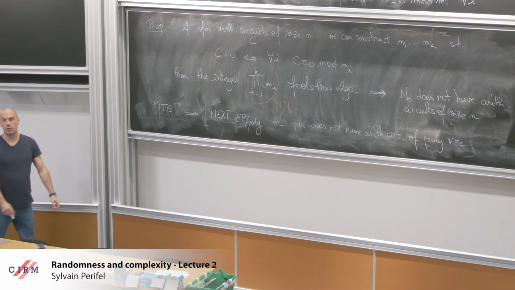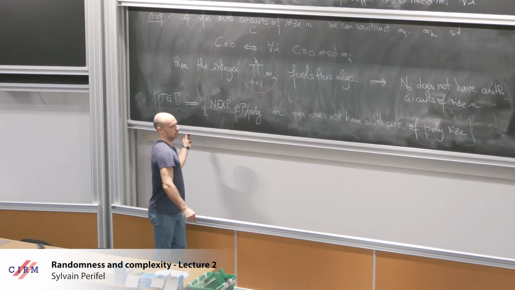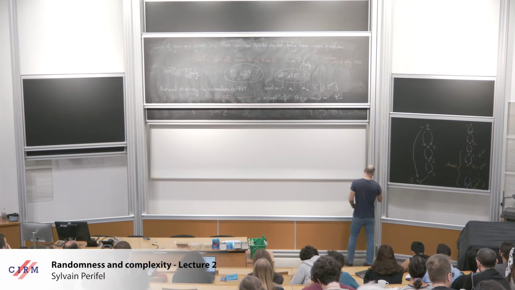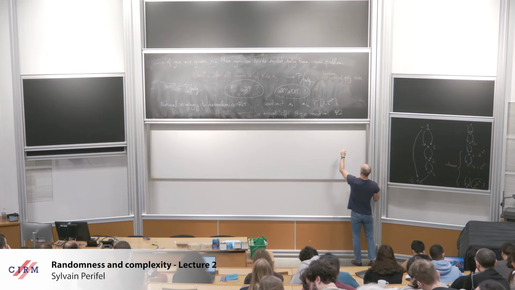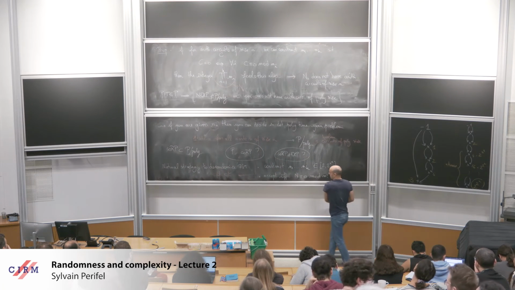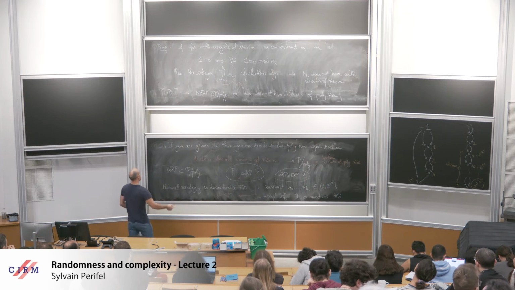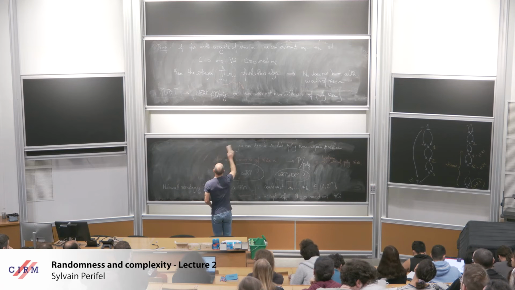And actually, we have also the converse. If we have very strong lower bounds, so let me try to write that, but this is a very complicated result. But if we have lower bounds, then we can de-randomize. So we have kind of an equivalence between de-randomization and lower bounds, circuit lower bounds.